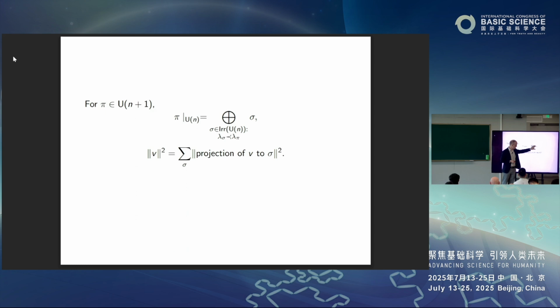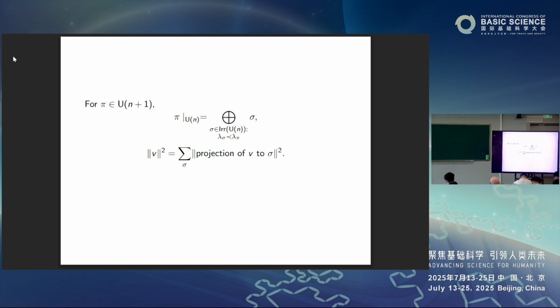But the key feature is that each of these representations appears just once. So you have a well-defined way of taking a vector in a representation of the bigger unitary group and projecting that vector onto a representation of the smaller group. In particular, this gives a way to compute norms of vectors in representations of the bigger group, as the sums of the norms of all of their projections.